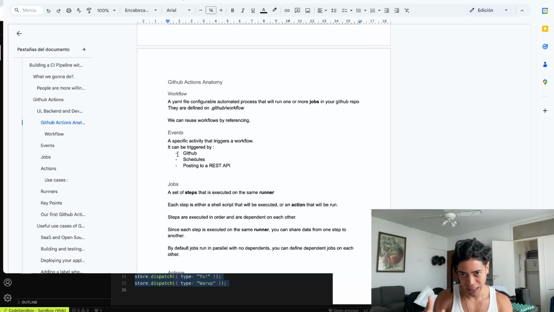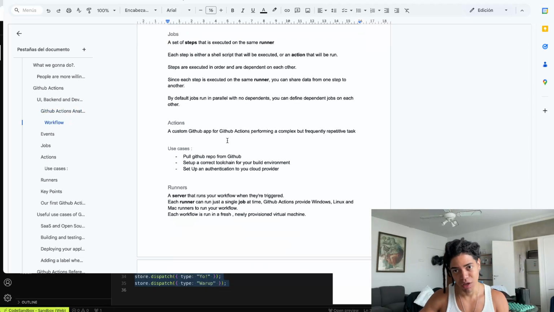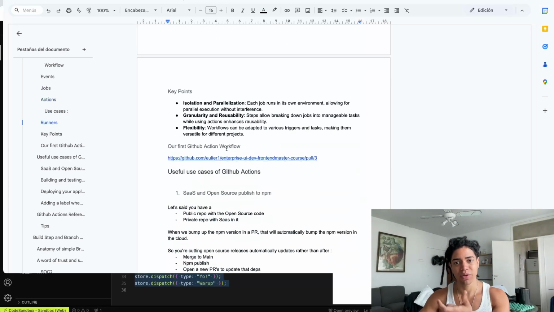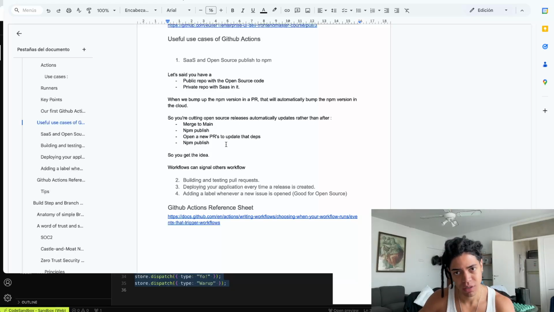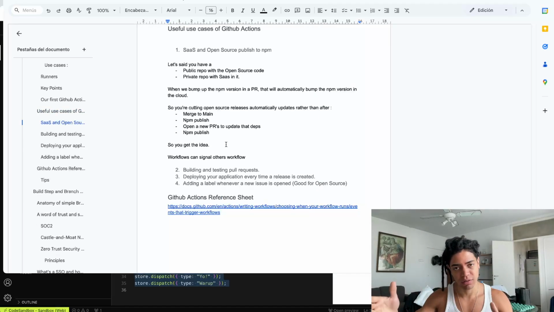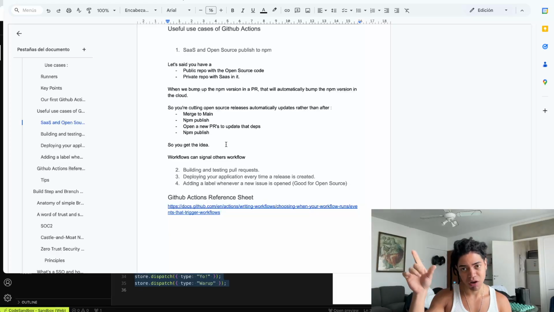now that we look at the anatomy of the workflow, I also saw how we can create those workflows, right? One use case of those workflows is, for example, a GitHub action if you have a SaaS or open source code, where you sometimes want to bump up the npm version in a PR, and that will automatically bump up the npm version in the cloud.